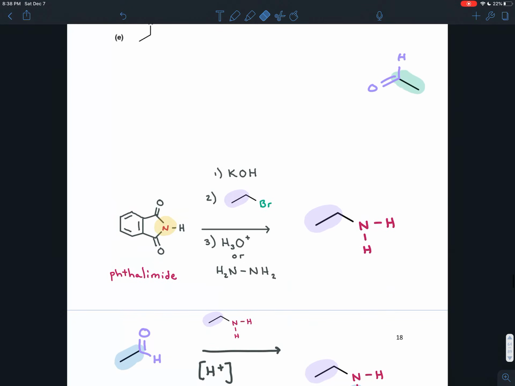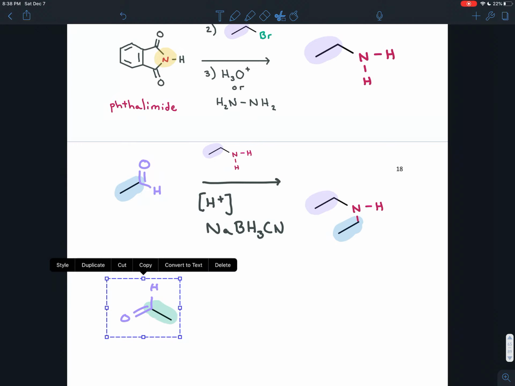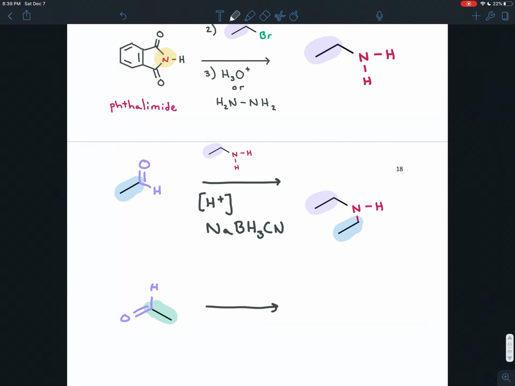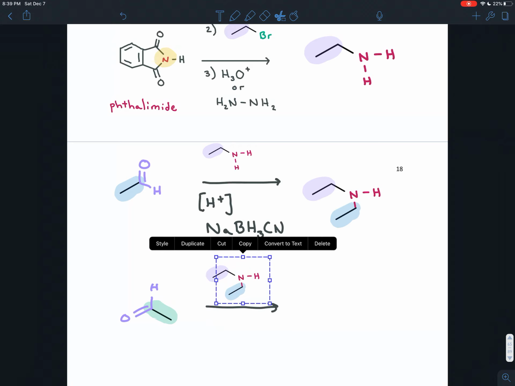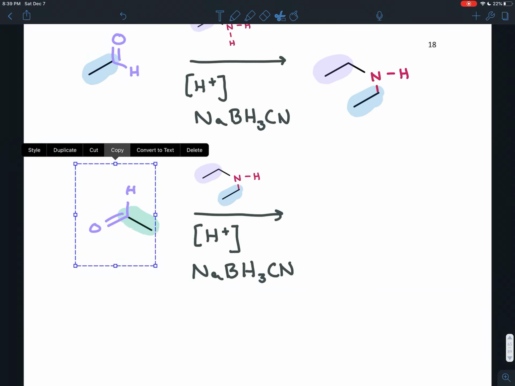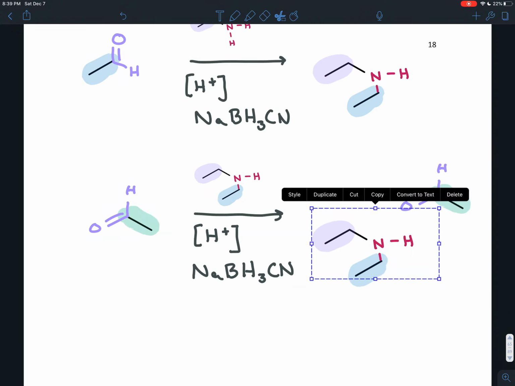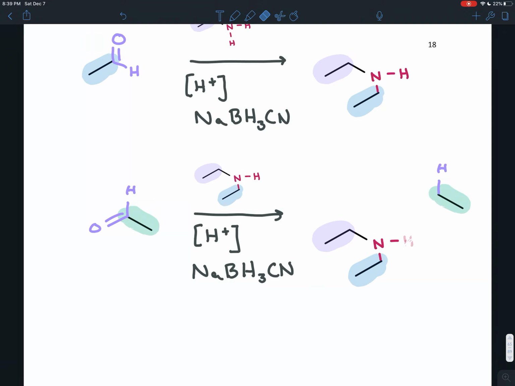We want a tertiary amine, so we can take that last aldehyde that we know we have to add, and we can combine it with the amine we made in the previous step. And if we do that in the presence of an acid catalyst and a weak reducing agent like sodium cyanoborohydride, NaBH3CN, then the overall effect will be to replace the carbonyl with a bond to the nitrogen.